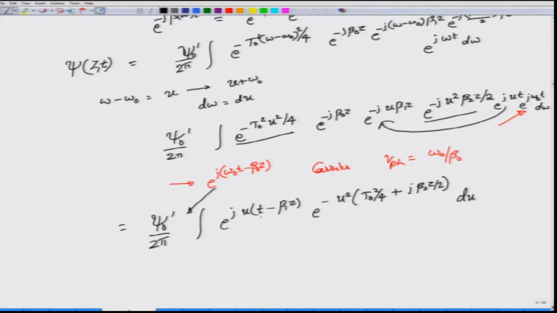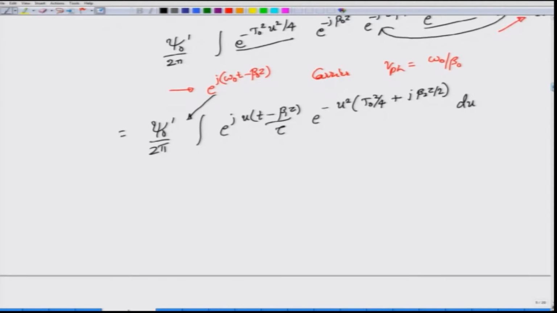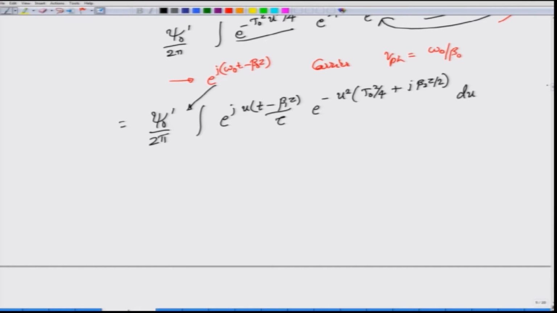So, this is what I have. Now, this t minus beta 1 z is the only place where the t term is there. So, I can write this t minus beta 1 z as some tau. Finally, I know that the function would actually be with respect to tau, right. So, instead of time it would be tau, and that tau is given by t minus beta 1 z. You will appreciate this one better if you remember what beta 1 is. Beta 1 is actually differentiation of beta with respect to omega.